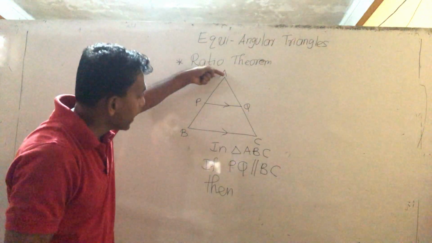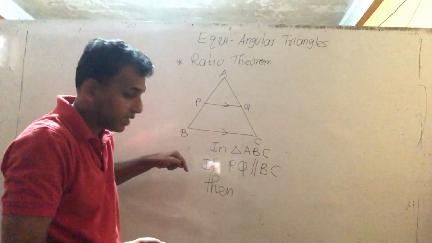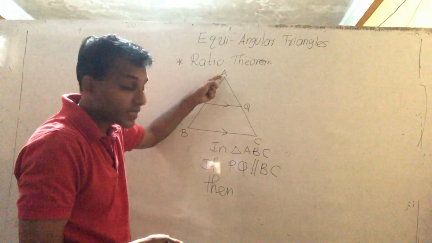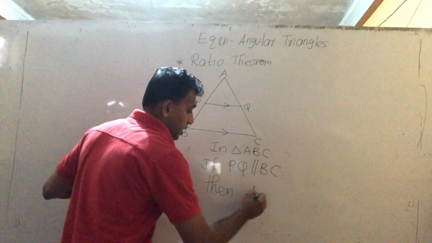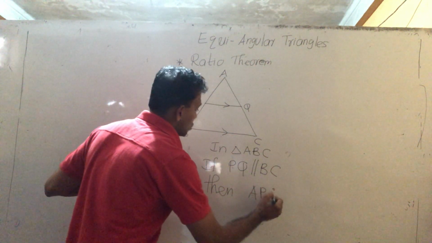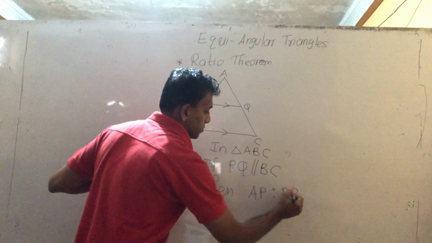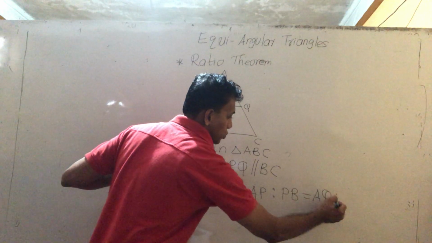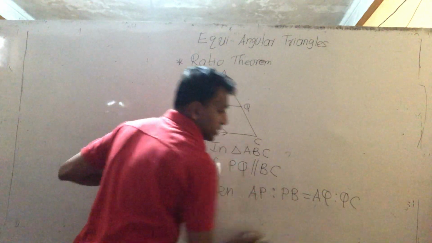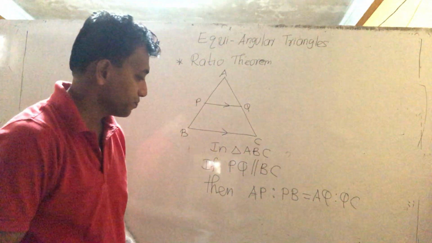That is, AP is to PB equals AQ is to QC. Then AP is to PB equals AQ is to QC. That's the idea, proportional parts.